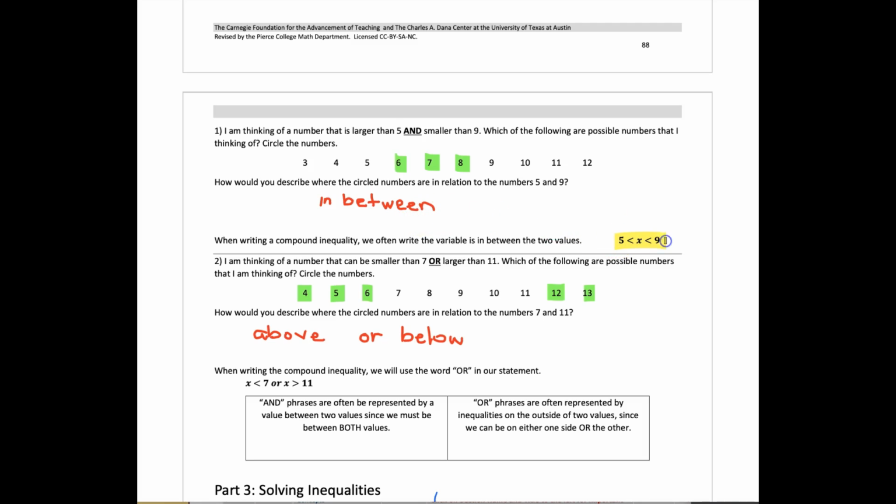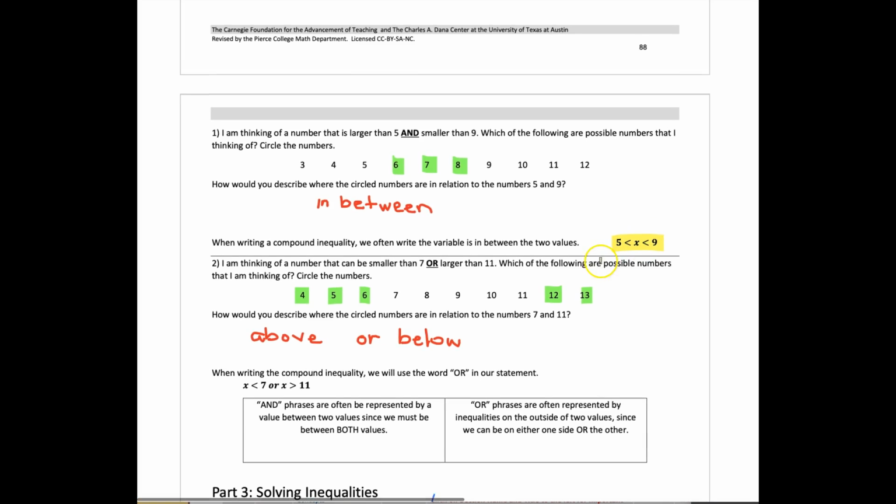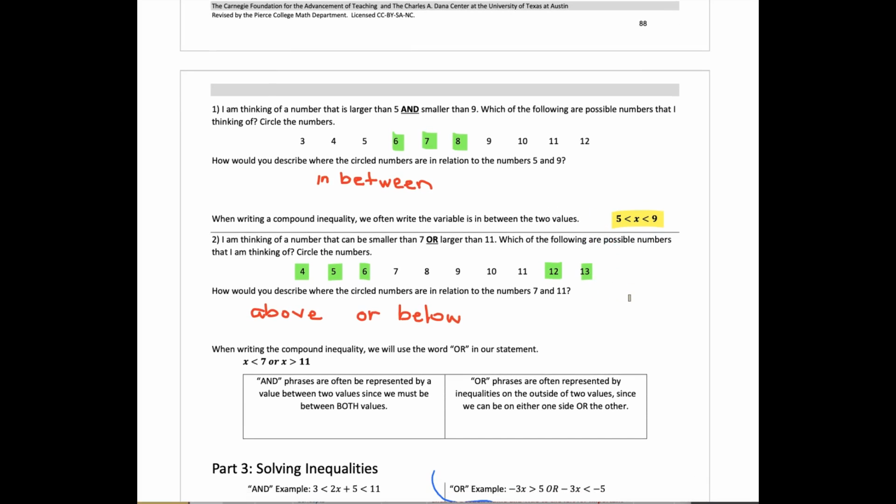And your inequality would look like that if you wrote that. So in this case, x is greater than 5 and x is less than 9. That would be the solution. Now, there's the "or". I'm thinking of a number that is smaller than 7 or larger than 11. Notice that language.